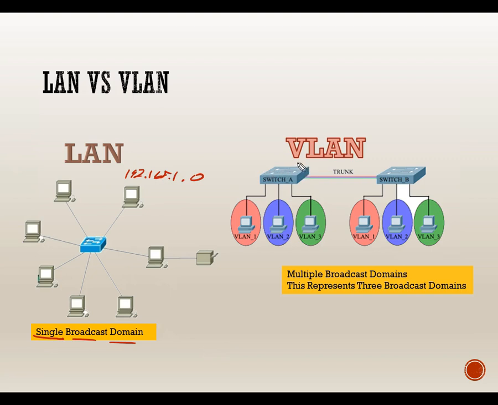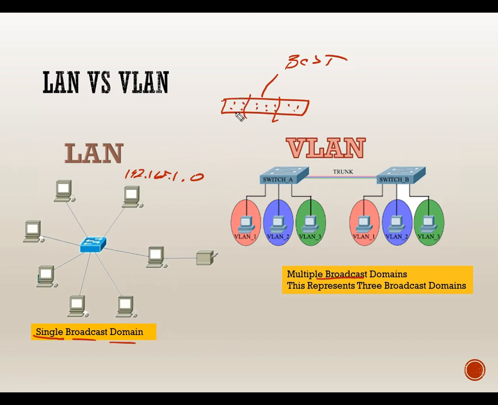In a VLAN, we have multiple broadcast domains on the same physical device. So what we've done is taken our switch and the ports, and we've assigned the ports to different VLANs so that those in the same broadcast domain can communicate with each other without the use of a router.